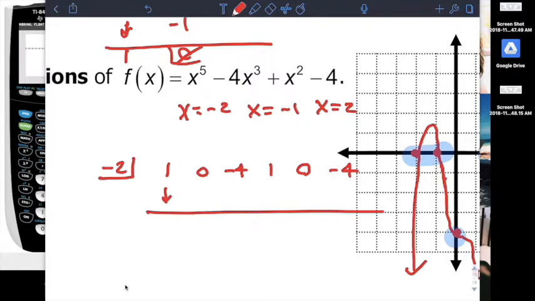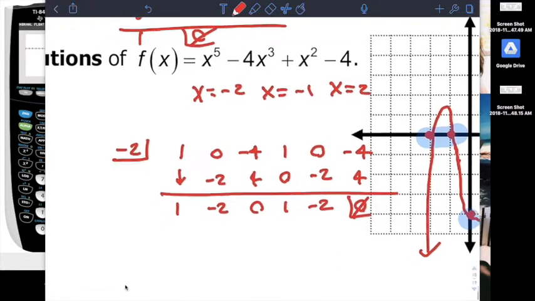And we'll do some synthetic division. So bring down that 1, multiply, negative 2, add, that'll be negative 2, multiply, positive 4, add, that'll be 0. Multiply, still 0, add, that'll be 1. Multiply, negative 2, add, negative 2, multiply, positive 4. And 0 here at the end was the remainder, so that was good.